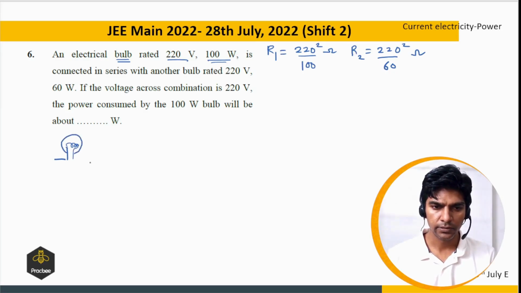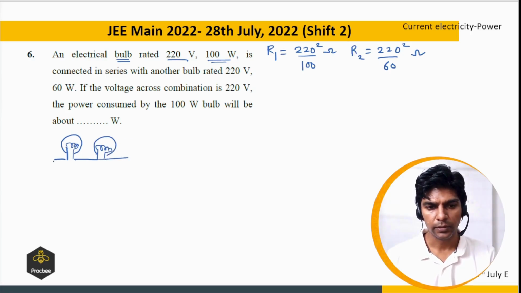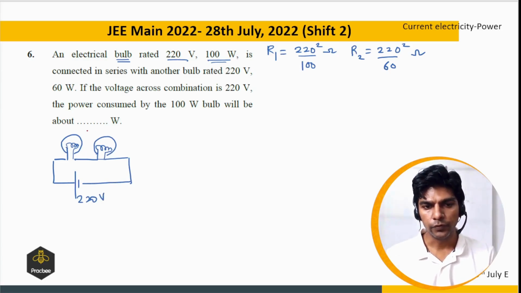This is say the first bulb, which is connected in series with the second bulb, and across these two bulbs the voltage is 220 volts, and we want to find the power dissipation in the first bulb, which is having a resistance R1.